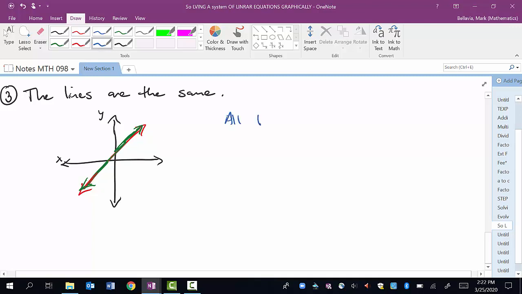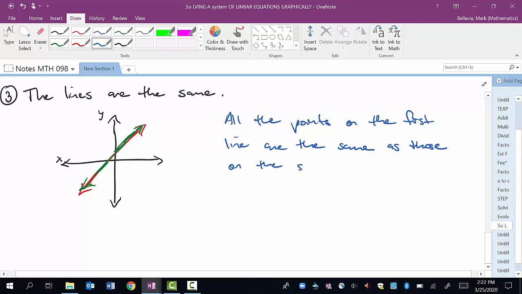Well, all the points on the first line are the same as those on the second line. So they perfectly overlap with each other. So this means that all points on line 1 are also on line 2, which means that there's an infinite number of points that are on each line, so there's infinitely many solutions.